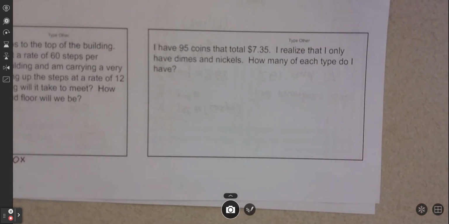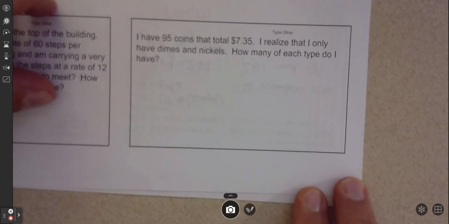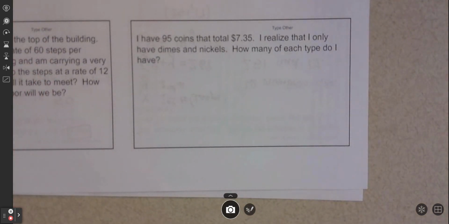Okay. Coins. I have 95 coins that total $7.35. I realize I only have dimes and nickels. How many of each type do I have? Okay, variables. So let's go through the steps. First, list what our variables are.